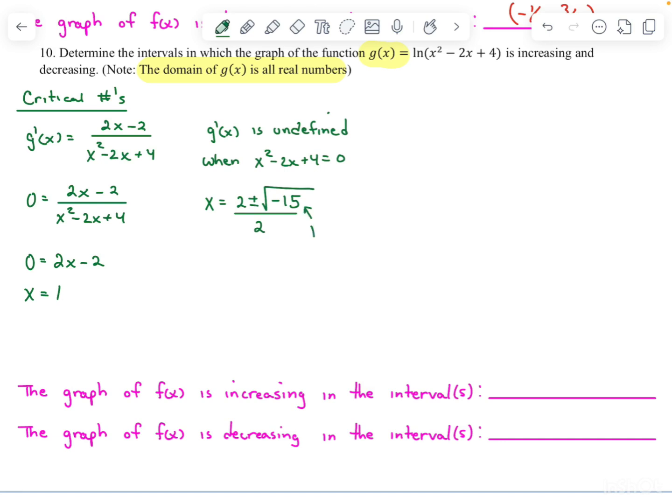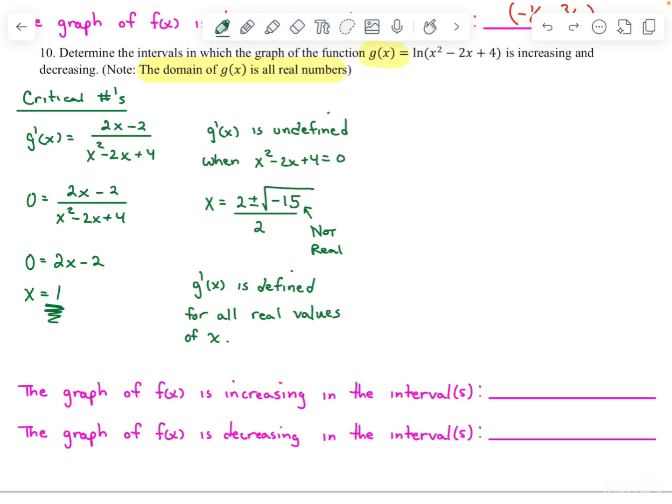Since the square root of negative 15 is not real, this quadratic equation has no real solutions. So what this means is that the derivative is defined for all real values of x, which means that there's only one critical number at x is equal to 1.